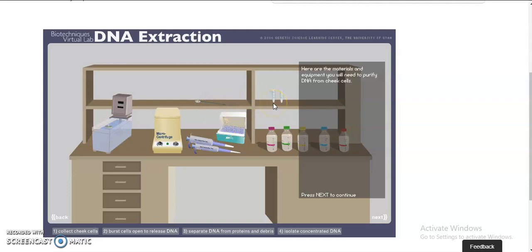This is the sample tube. This is the lysis solution. This is the concentrated salt solution, this is the resuspension buffer, this is ethanol, and lastly, isopropyl alcohol.